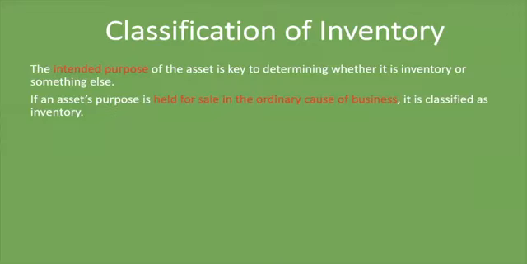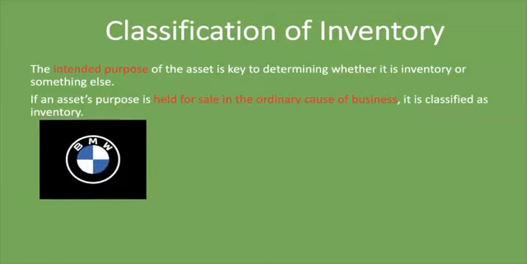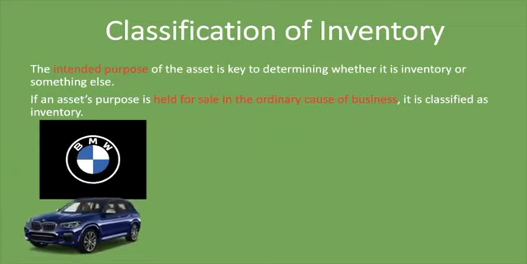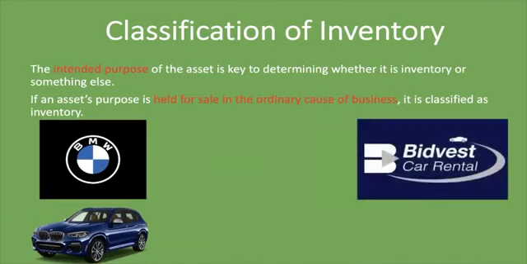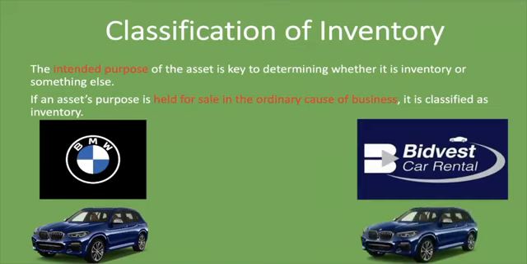So let me give you an example, because inventory for one company may not be inventory for another company. It's the intended purpose which will determine whether it's inventory. Let's look at an example of two different companies. The first one we're going to look at is BMW. What does BMW have? Well, the company has BMWs, and we're talking about cars here. And the second company we're going to look at is a rental company like Bidvest Car Rental. What do they have? They also have BMWs.